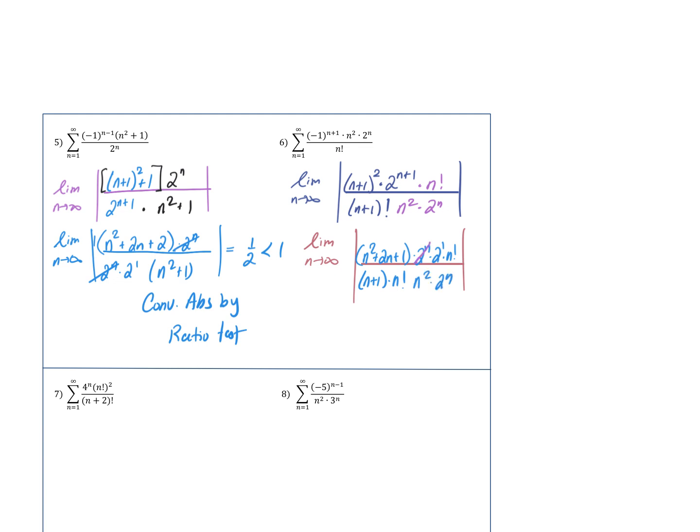So cancel, cancel, cancel, cancel. This is equal to 0 because if I distribute the bottom, I get n cubed. So we have n squared over n cubed, which is 0, which is less than 1. So this converges absolutely by the ratio test.